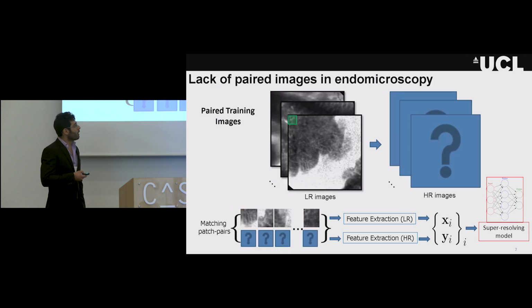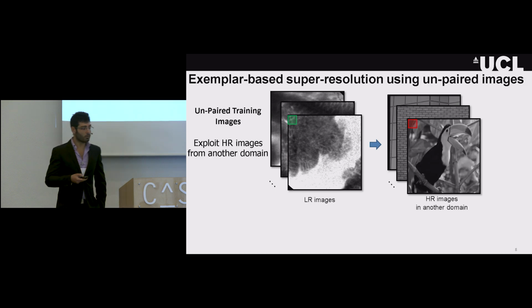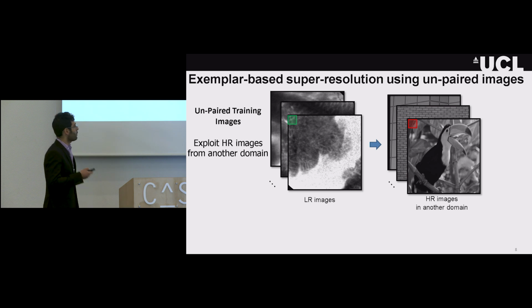In our context, we don't have the high-res images due to the limitation of the device. We have only the low-res images, and deriving the high-res images from the low-res images is not simple. So we thought we could modify the original exemplar-based super resolution approach. Instead of having pairs of patches, we exploit high-resolution images from an external domain and try to transfer the super resolution from this external domain to the initial low-res images.